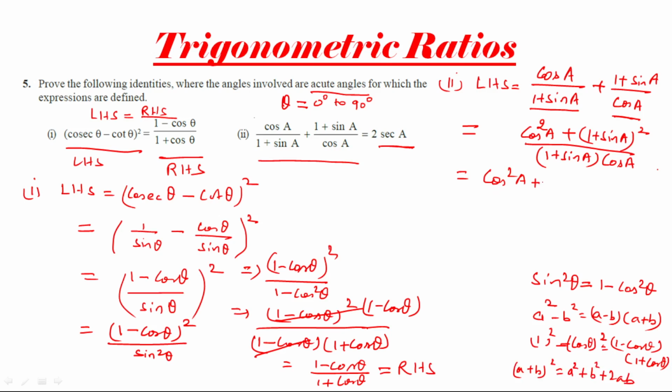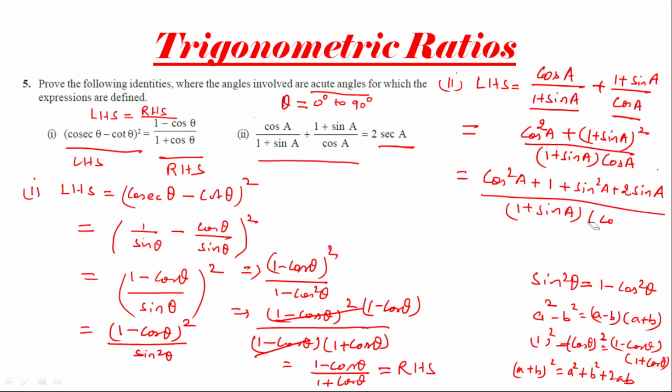So cos square A plus 1 square is 1, plus B square is sin square A, plus 2 into 1 into sin A, so 2 sin A, divided by 1 plus sin A and cos A.